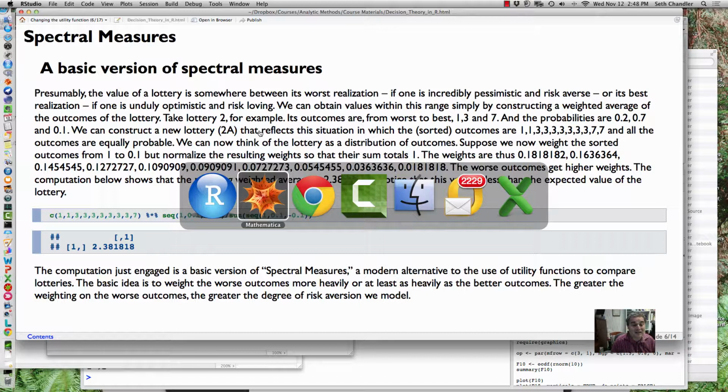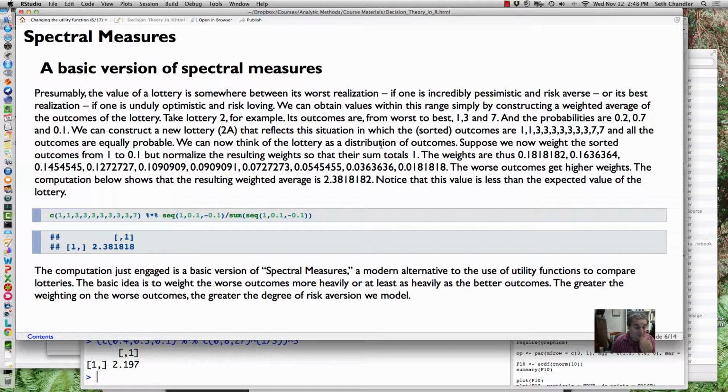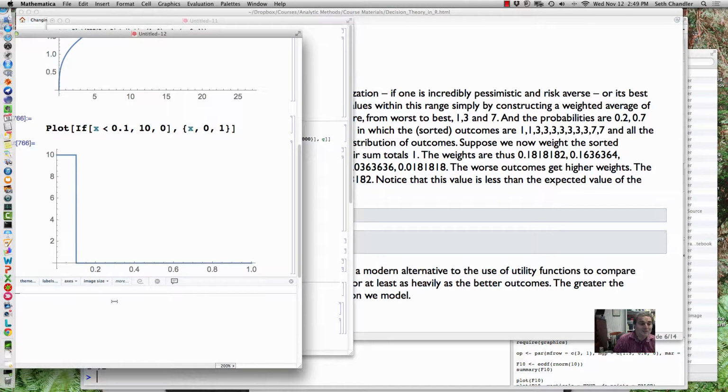All right, so let's do a practice spectral measure. And here, let's keep those same outcomes, where there's a 40% chance of 0, a 50% chance of an 8, and a 10% chance of a 27. And I want you to assume that the weighting function looks like this.